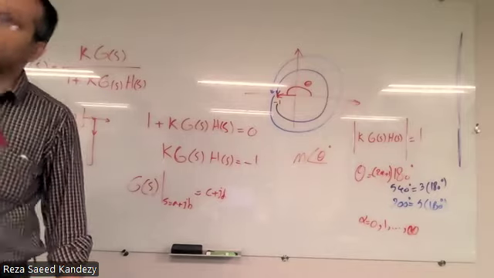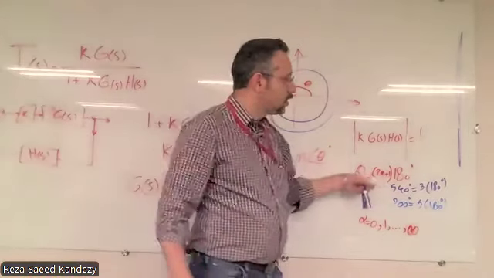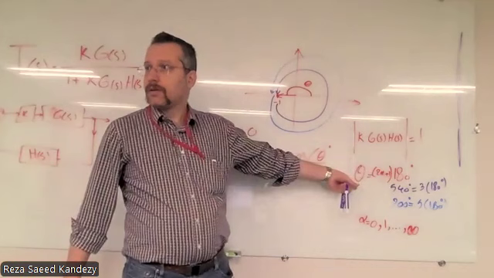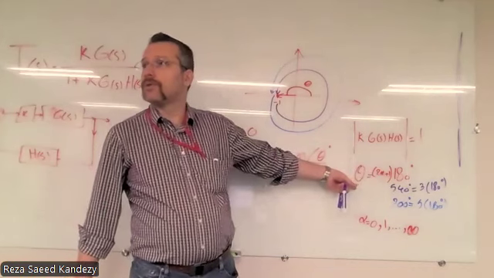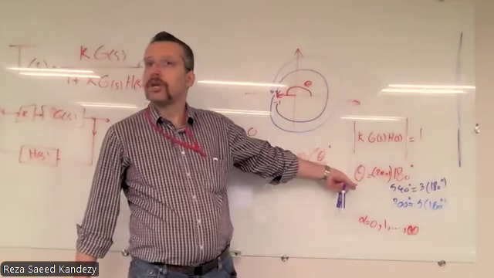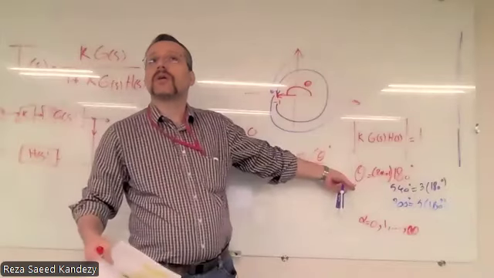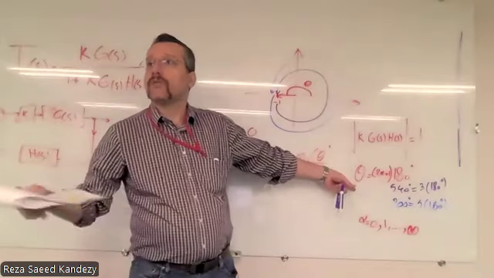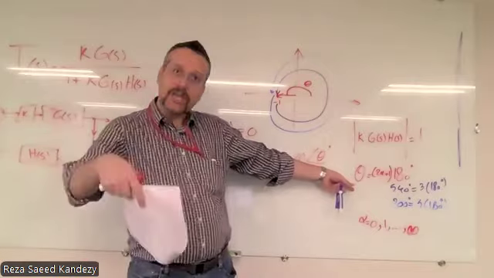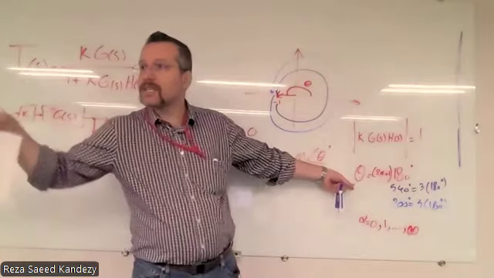Now, if that S satisfies this condition, okay, that means it is going to be a pole. Now, who can tell me how we can find the K that makes that S a pole?